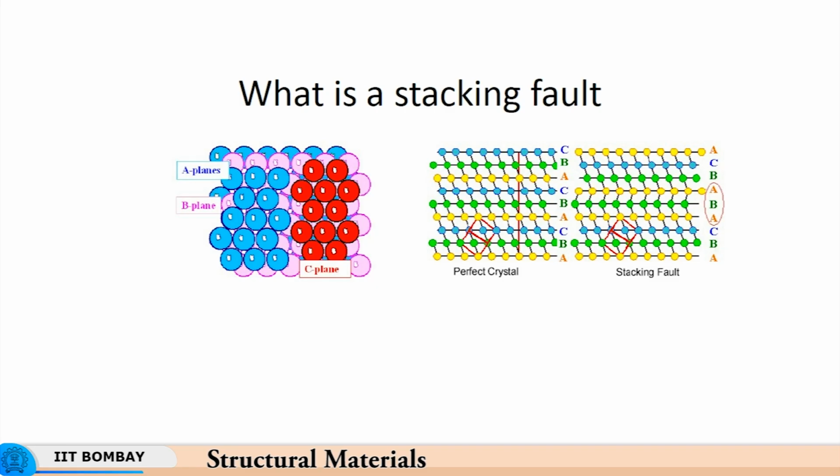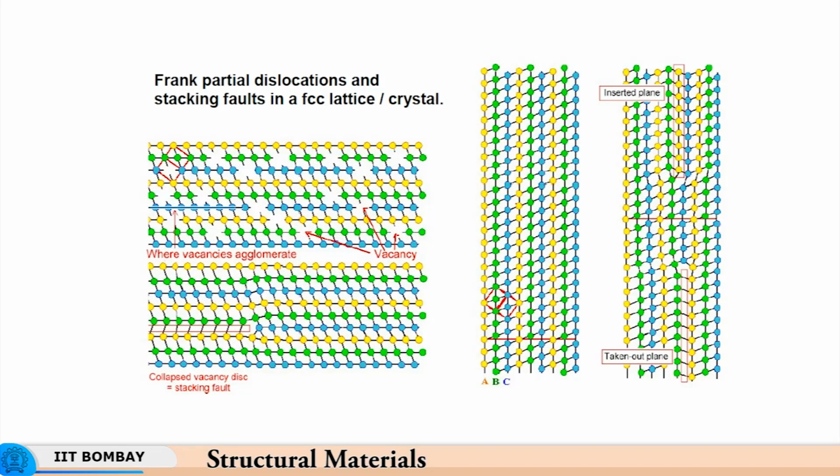Here that C layer is missing, due to which a stacking fault has been generated. When a stacking fault is created, partial dislocations get formed, meaning one dislocation splits into two. So basically you have two partials which get formed, and then you have Frank partial dislocations as shown over here in a crystal.